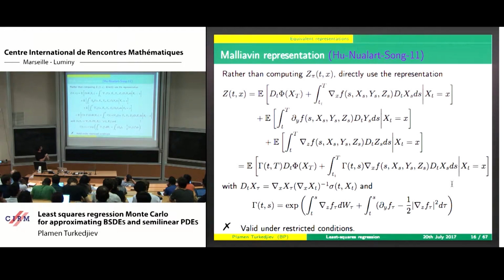It basically tells you that you can express z as the Malliavin derivative of y, which forms a linear BSDE that, when you take the conditional expectation, leaves you a formulation that looks like this. Okay? And what they actually do in their paper is take the linear BSDE, which represents the Malliavin derivative. They notice that they can perform a simple change of measure to introduce some weights, and they solve this equation numerically.